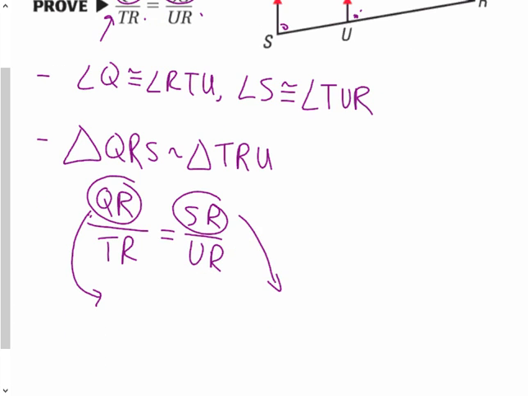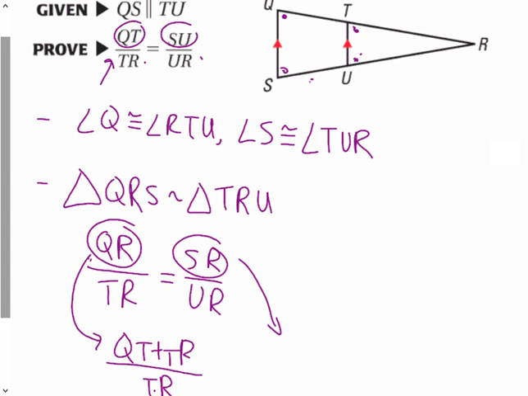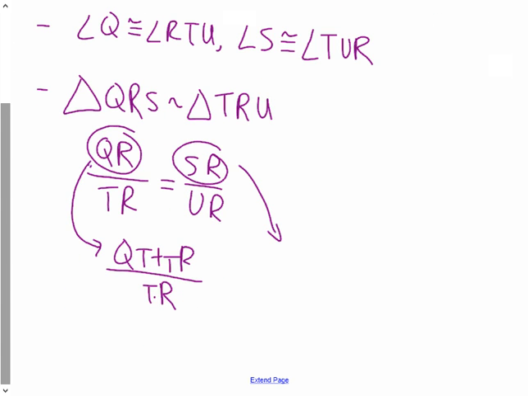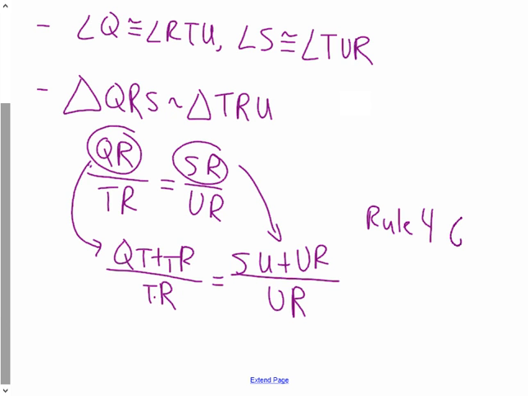Well, QR is QT plus TR, and we're still over TR. And SR is SU plus UR. So I've got to go up and down quite a bit there. And this looks an awful lot like Rule 4 from 6.2, the proportion rule. They added the denominator to the top.